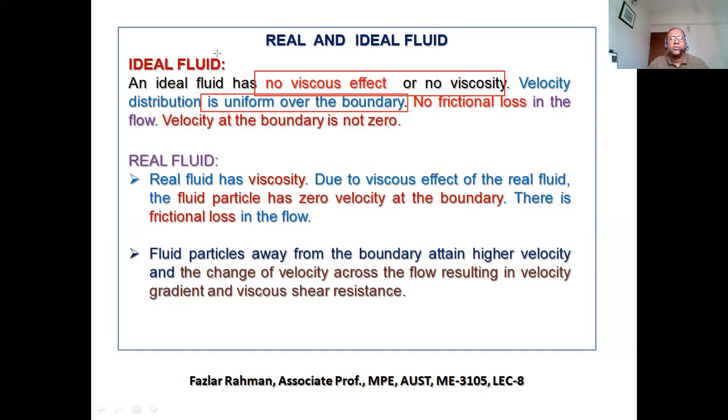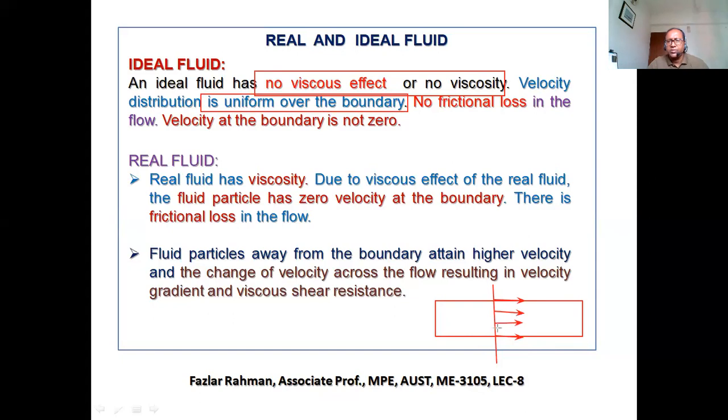That means if you have a cross section of a pipe, and you make the velocity distribution through a section, then all the velocity distribution will be the same length. That means velocity at the boundary is not zero, and at the middle is the same.